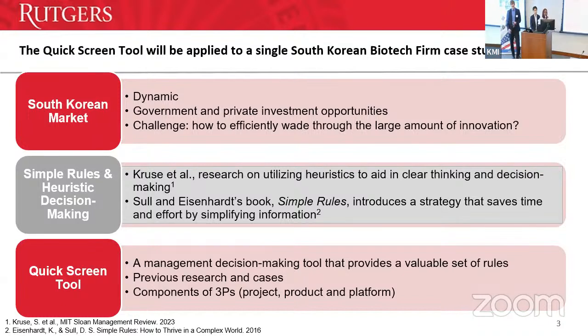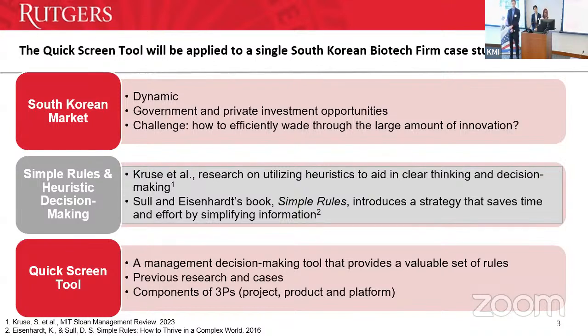Cruz and some of the researchers with him looked at heuristics, and they found that heuristics helps with clear thinking and decision making. Sol and Eisenhart, who we'll talk about in a little bit, have a book called Simple Rules, pretty clear and to the point. They introduced a really cool strategy that helps save time and effort by simplifying a lot of information.